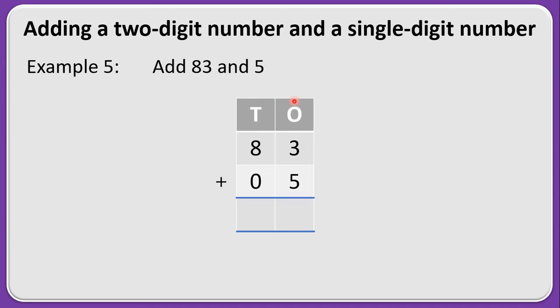When we write down these numbers one below the other, we should be careful. In 83, 3 is in ones place, 8 is in tens place. But while writing the single-digit number, we should take care that it comes in the ones column, not in the tens column.